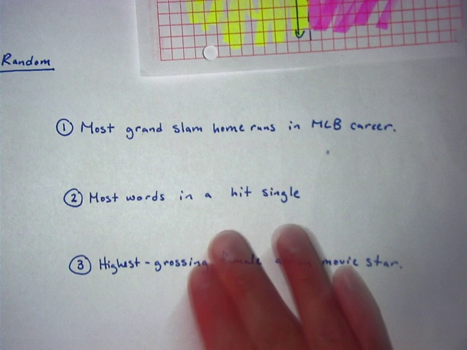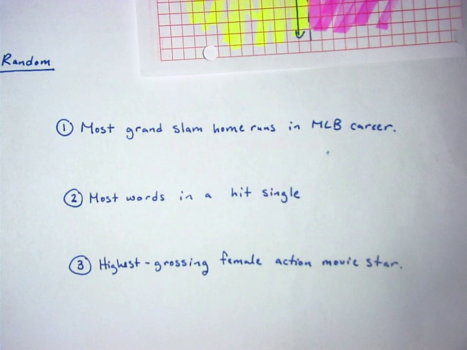So, 3 celebrities. The first celebrity is the celebrity who's had the most Grand Slam home runs in an MLB career. Grand Slam, by the way, is a home run where all the bases are full. So that means 4 people technically score at that point if that person gets a home run. Very exciting.